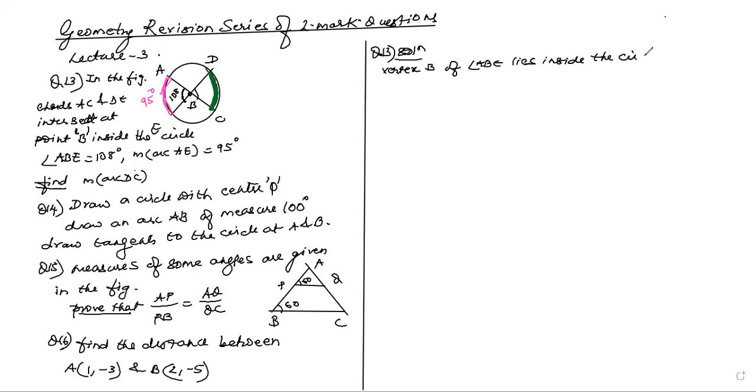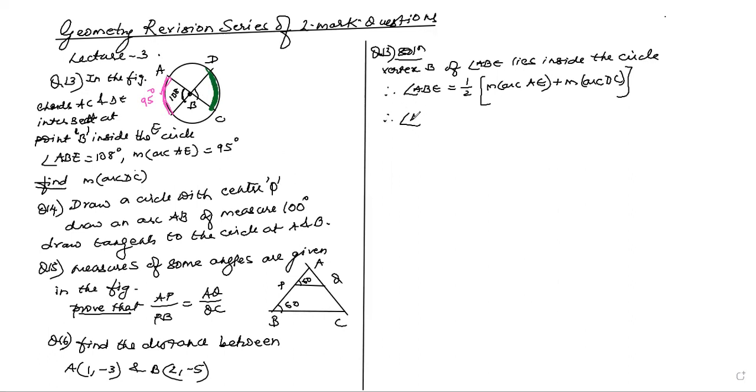So naturally, angle ABE equals half the measure of arc AE, the arc intercepted by angle ABE, plus the arc intercepted by its vertical opposite angle DBC, that is measure arc DC. Given an angle whose vertex lies inside a circle and it has a vertical opposite angle, the measure of that angle is half the sum of the arcs intercepted by that angle and its vertical opposite angle.